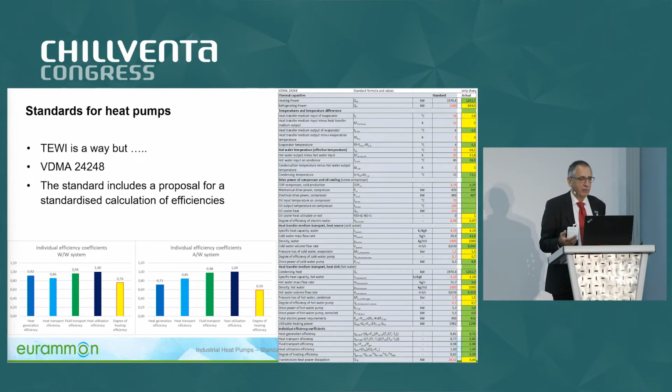Otherwise, it is difficult to communicate with the people that we want to communicate with, and that is the challenge: to roll this out and make people understand what we're trying to promote. But using a standard like the VDMA standard is a step on the way. Then we can perhaps move it up to an ISO standard at a later stage.